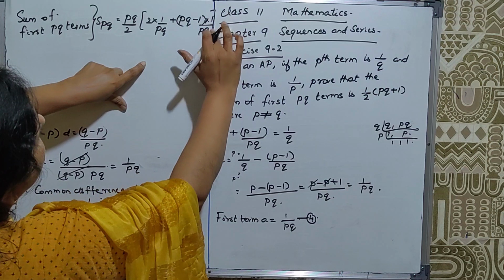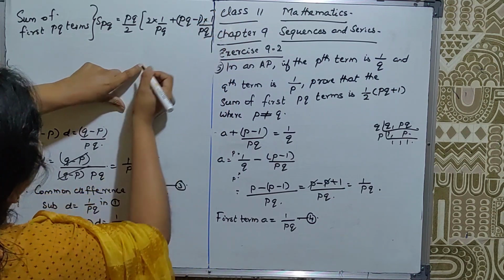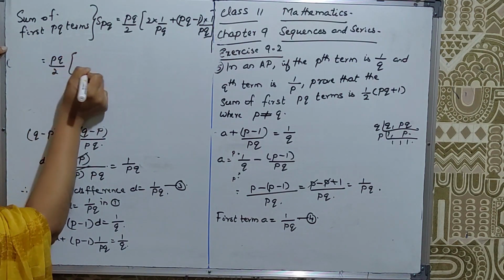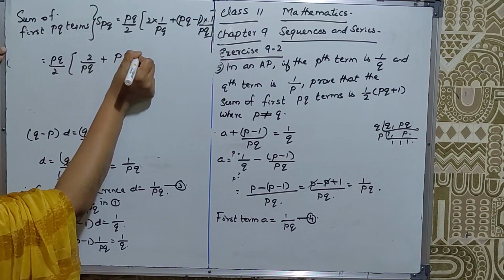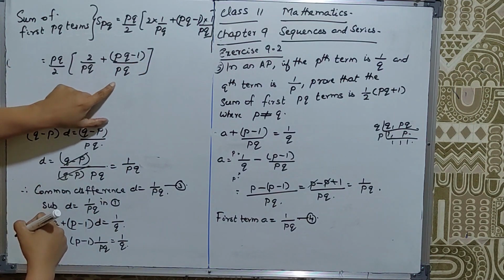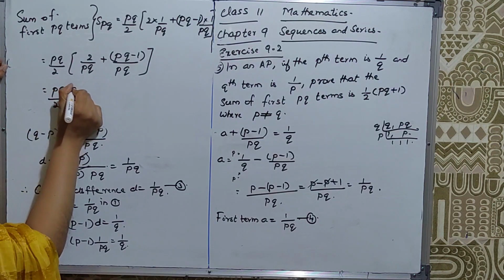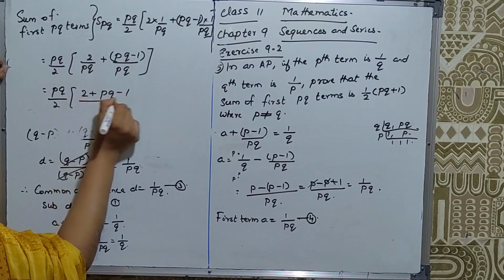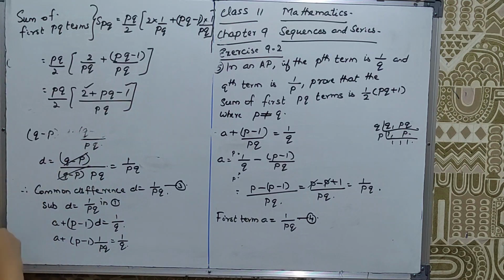Now in this one, it will be equal to pq by 2 into, taking the LCM, 2 by pq plus pq minus 1 by pq. Now the denominators are the same. Add the numerators directly: pq by 2 into 2 plus pq minus 1 divided by pq. What is 2 minus 1?